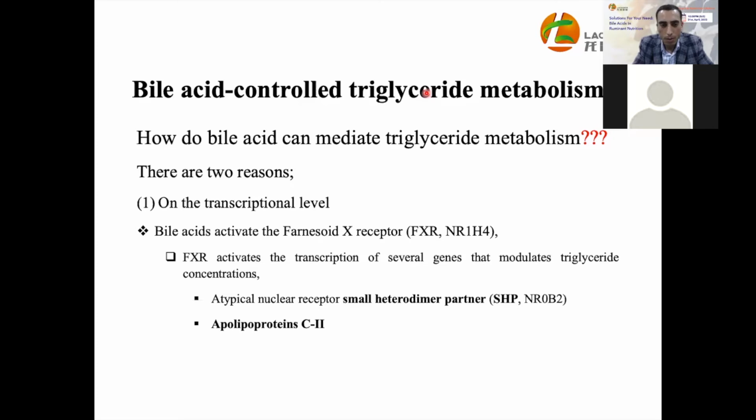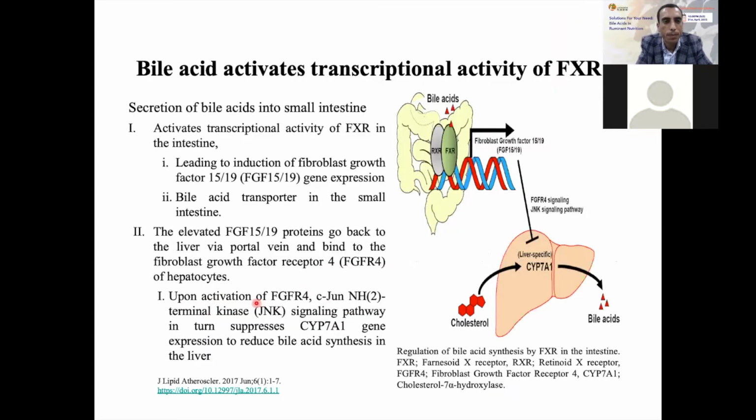In the first one, on the transcription level, bile acid activates FXR. FXR activation, when bound with bile acid, can activate several genes involved in lipid metabolism, for example, small heterodimer partner, SHP, and the second one, apolipoprotein C2.